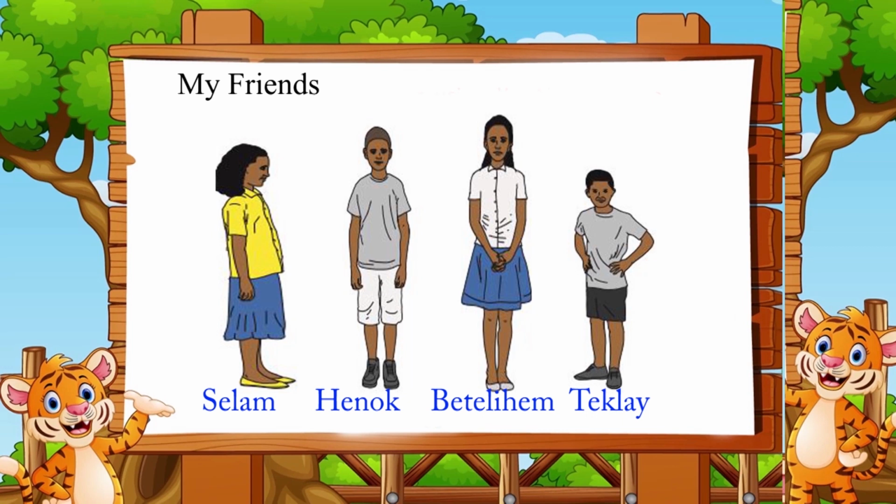Two of my friends, Enoch and Bethlehem, are the same age, 14 years old. Bethlehem's height is about 80 centimeters. She weighs 37 kilos. Taghlai's height is 68 centimeters. His weight is 31 kilos. And he is 13 years old.